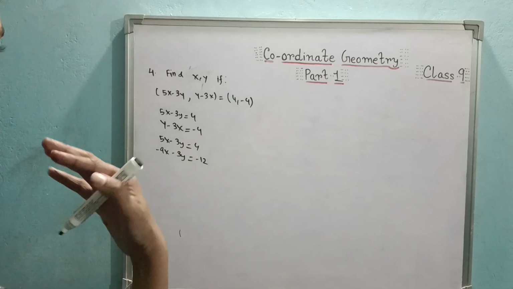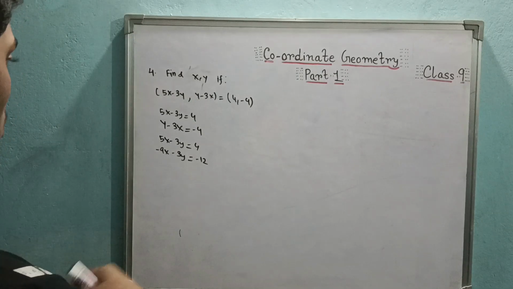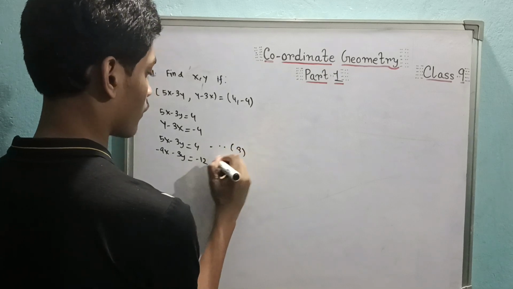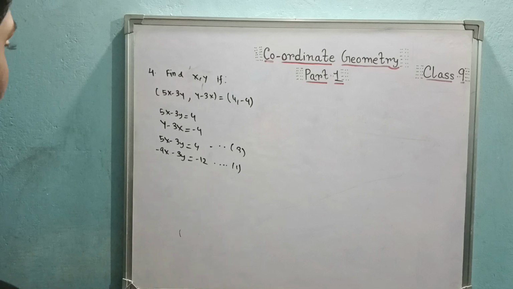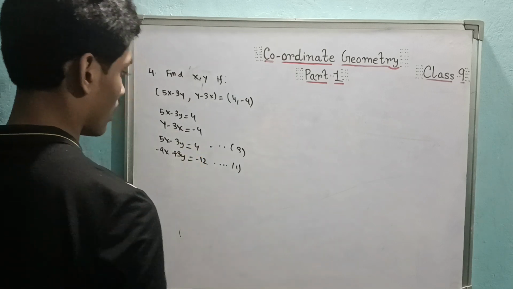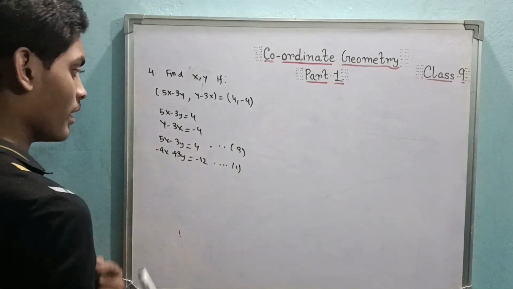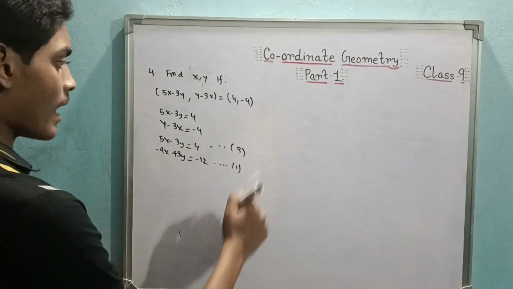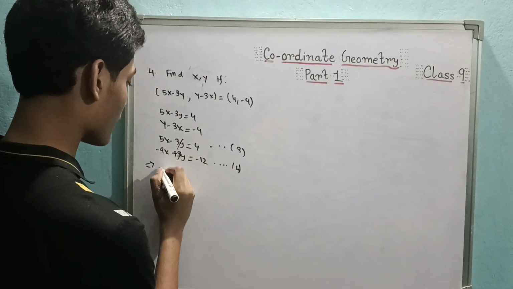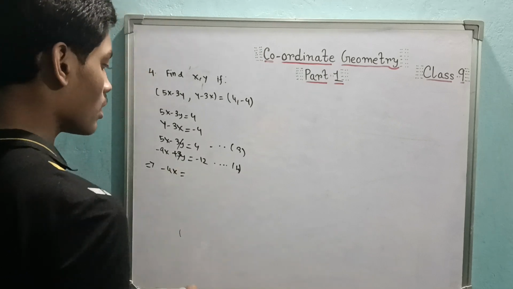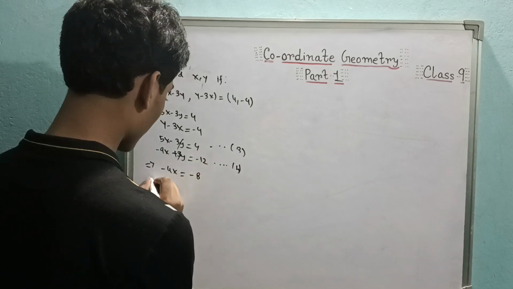Call these equations 3 and 4. If you add them, the y terms cancel out: minus 9x plus 5x is minus 4x, and minus 12 plus 4 is minus 8, so x equal to 2.